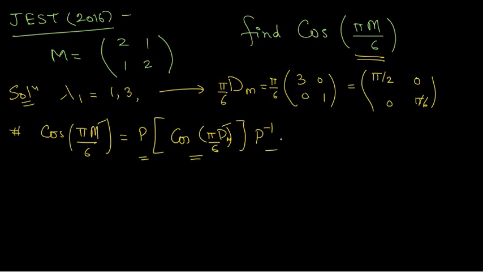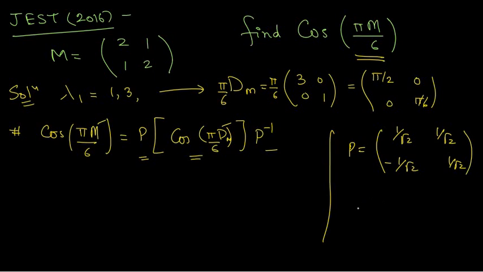Now your task is to find P and P inverse. It is going to be hectic for you to do it, but I did it and found that P is [1 by root 2, minus 1 by root 2; 1 by root 2, 1 by root 2], and your P inverse is [1 by root 2, 1 by root 2; minus 1 by root 2, 1 by root 2].